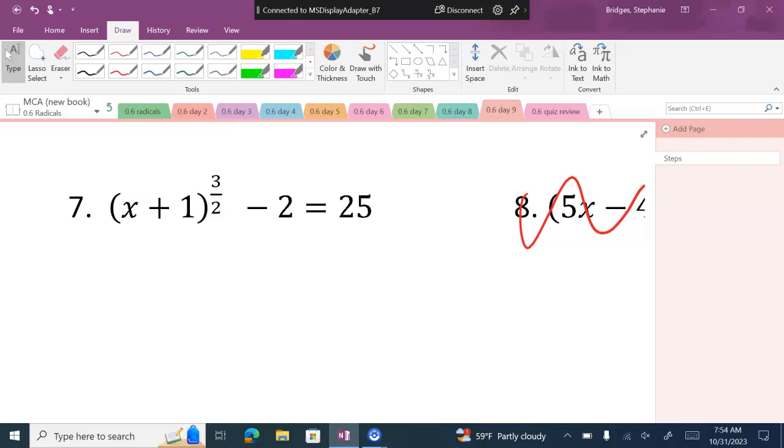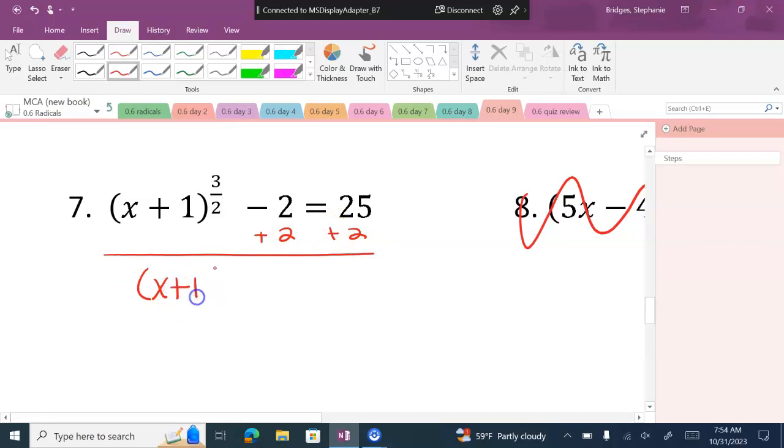What should I do first on this one? Move the 2 over. Yep, I'm going to add the 2 over. So I get x plus 1 to the 3/2 power is going to equal 27.